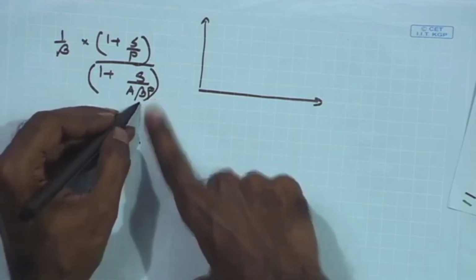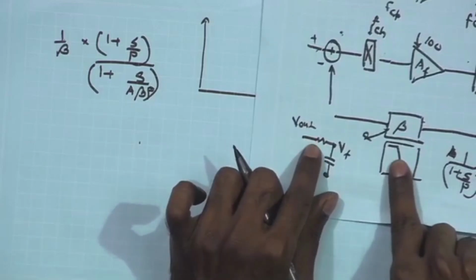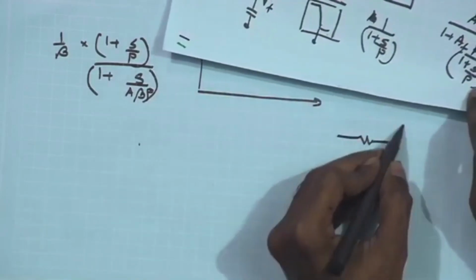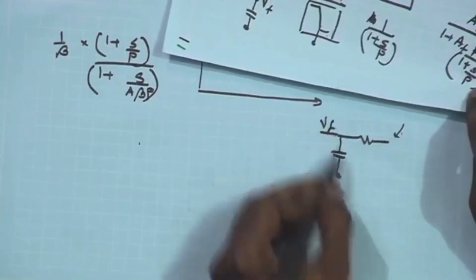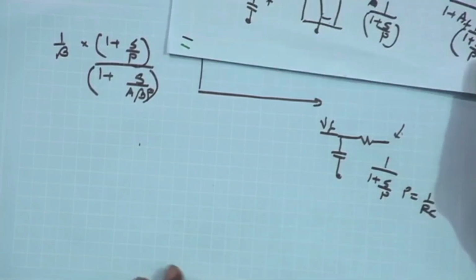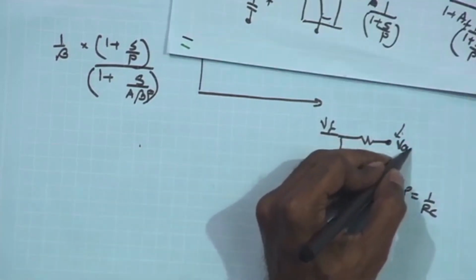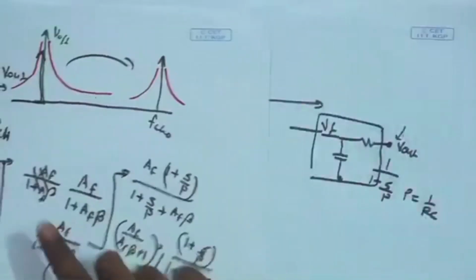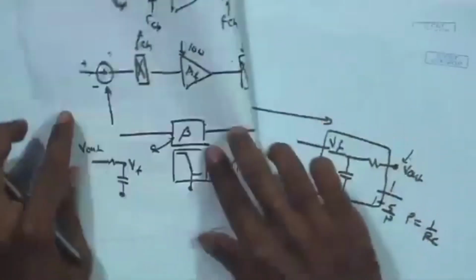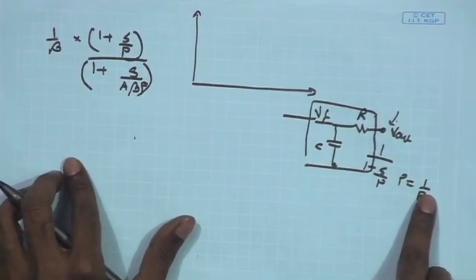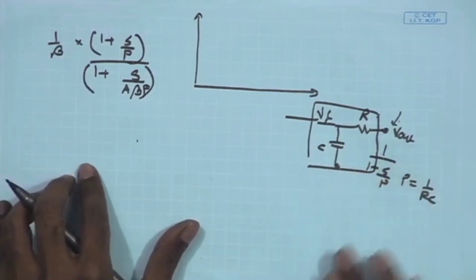I assume beta is 1 because if I am assuming an RC filter for the beta, the transfer function is 1 upon 1 plus s upon p, where p is equal to 1 upon RC. This is the output signal being sensed by the beta network, and this is the feedback signal Vf provided. So I am replacing the beta by a simple RC network for the low frequency signal, and the pass band gain is unity below the pole P.